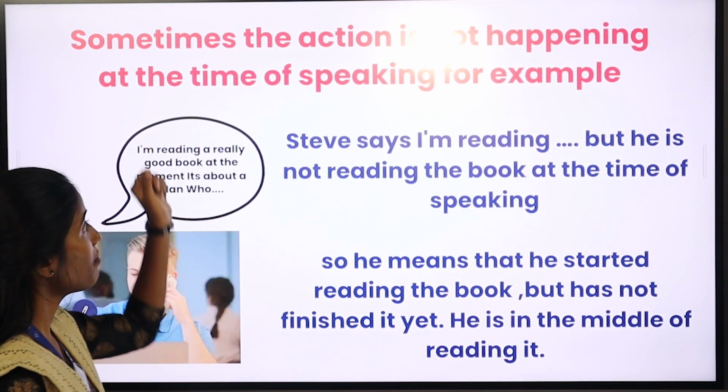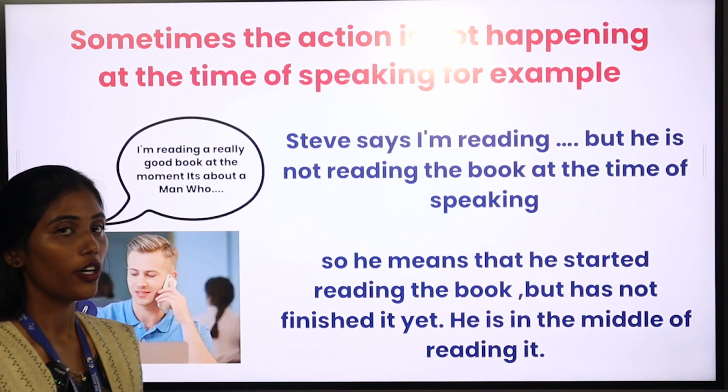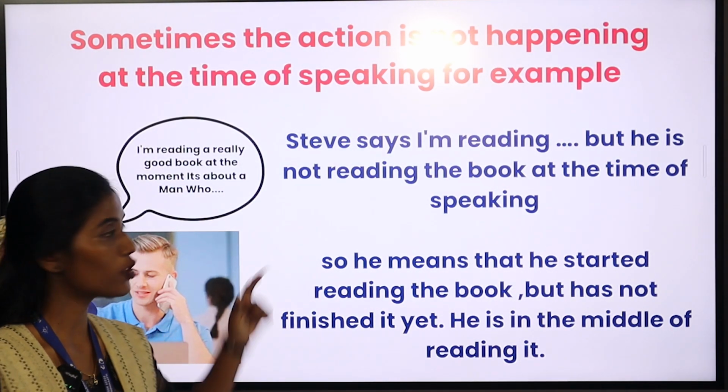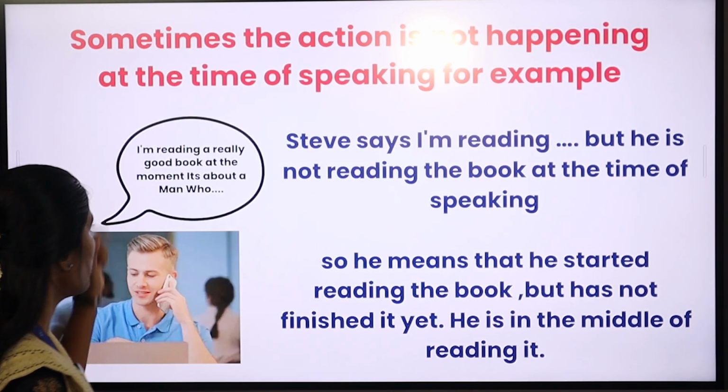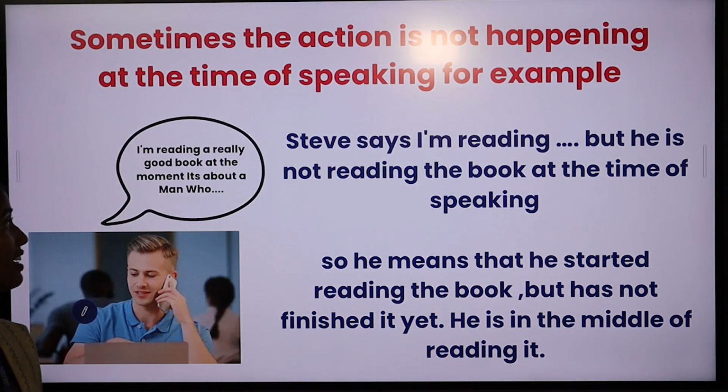Next, sometimes the action is not happening at the time of speaking. So how can you say this is present continuous? Let's see the example. Here Steve is talking on a call. He is telling his friend, I am reading a really good book at the moment about a man who... He is saying that I am reading a book.